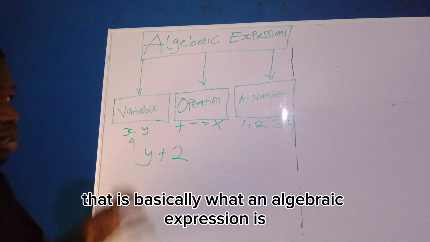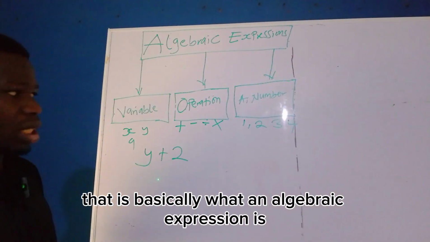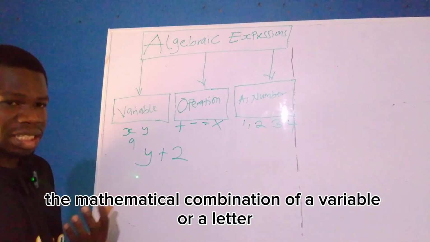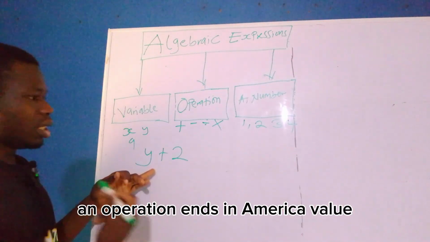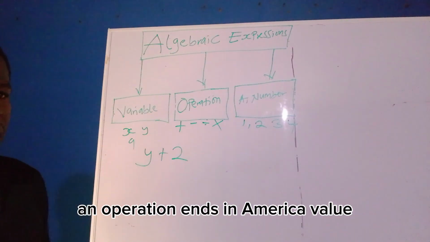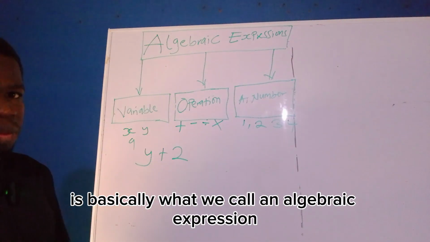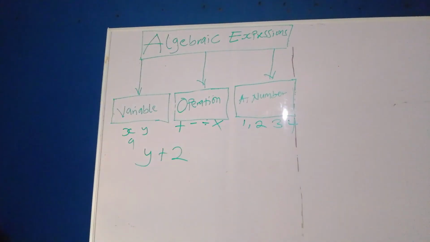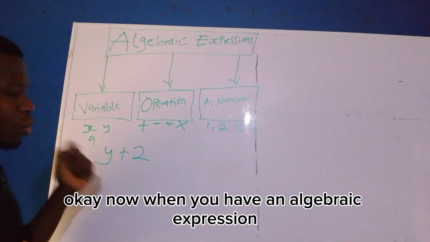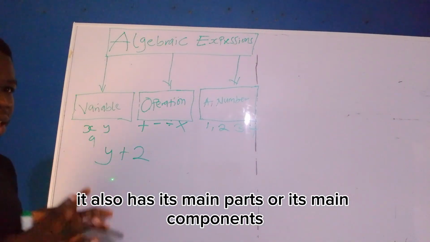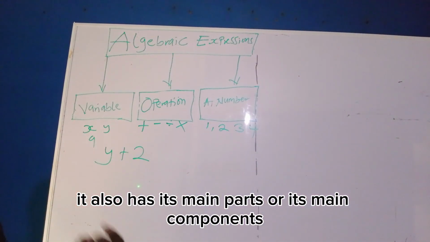That is basically what an algebraic expression is. The mathematical combination of a variable or a letter, an operation, and a numerical value is basically what we call an algebraic expression.